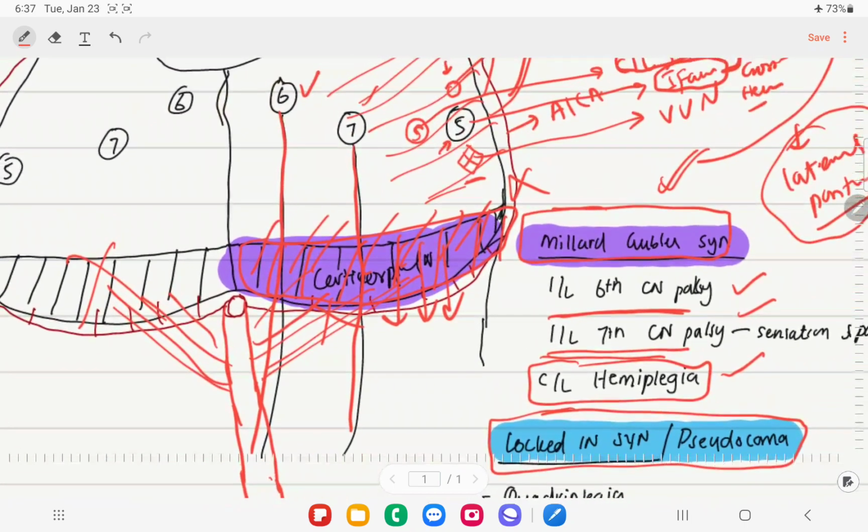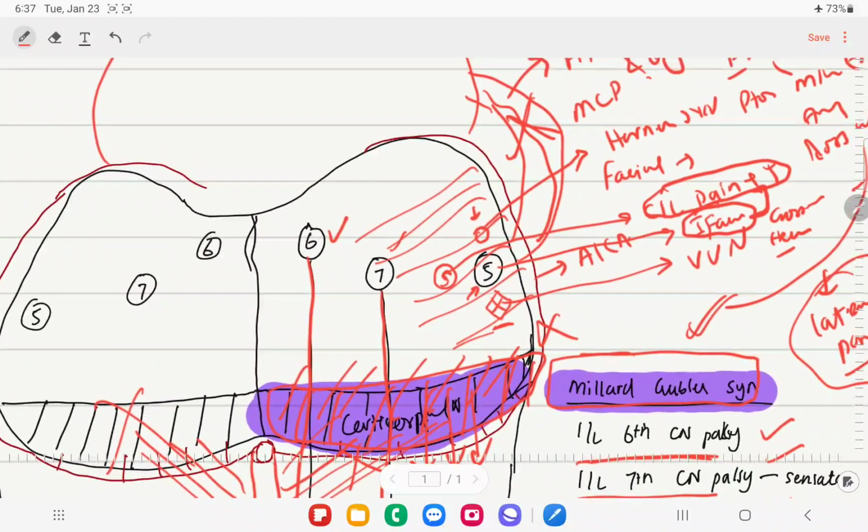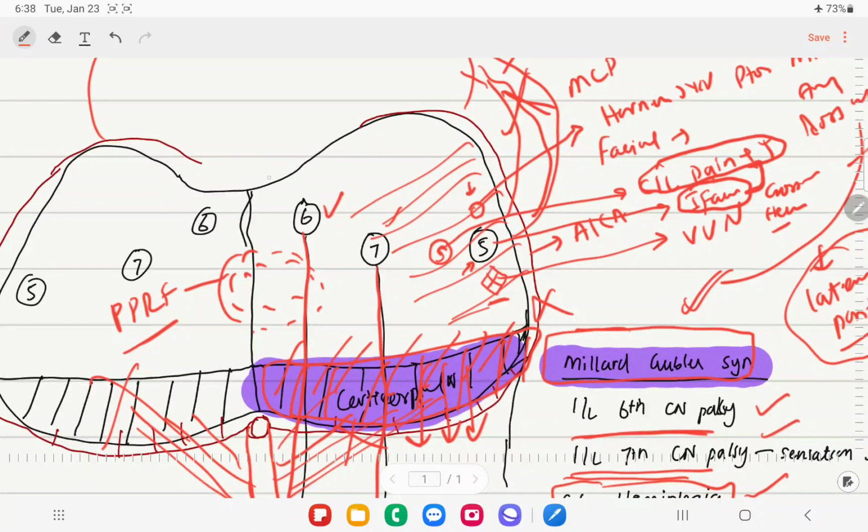Sometimes we'll have the reticular formation here, called the paramedian pontine reticular formation. It is called the reticular activating system.